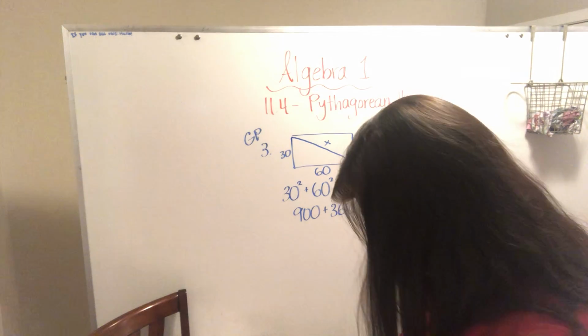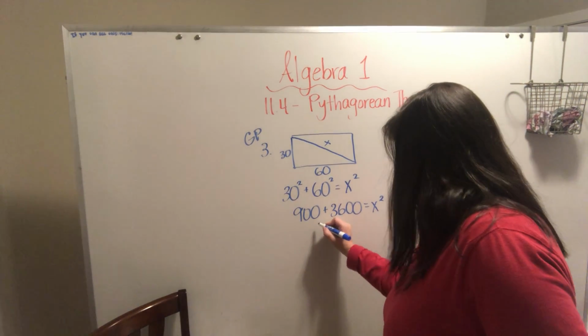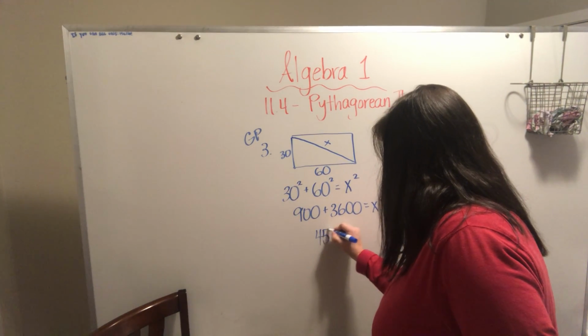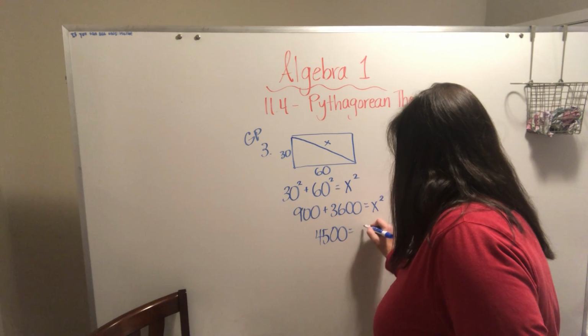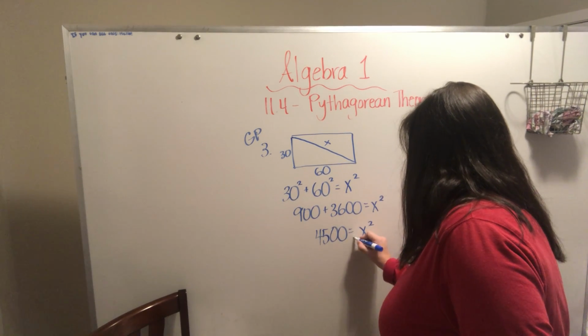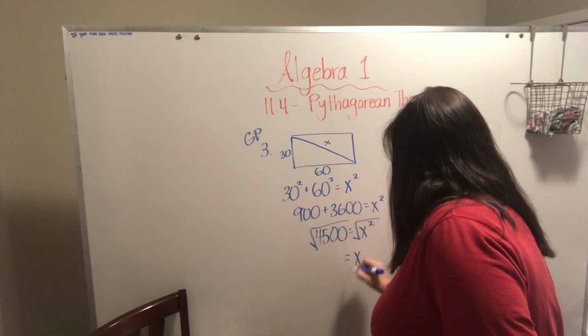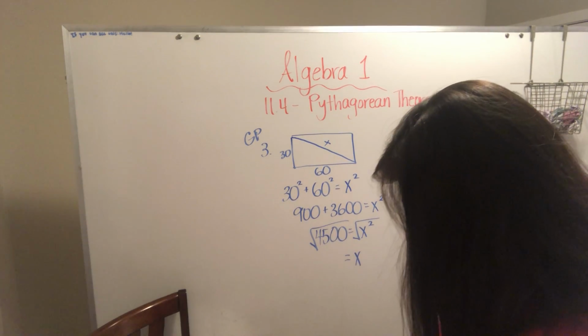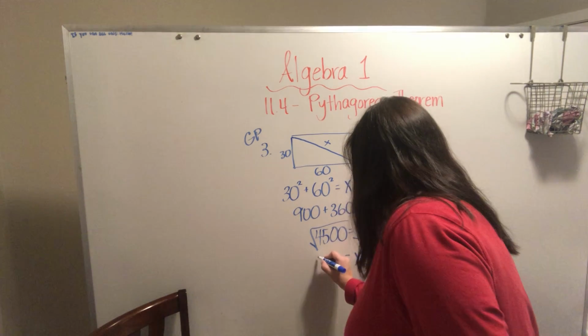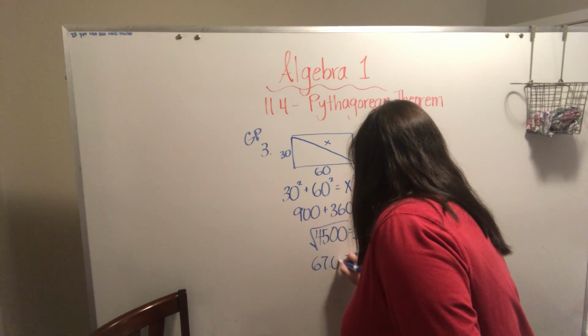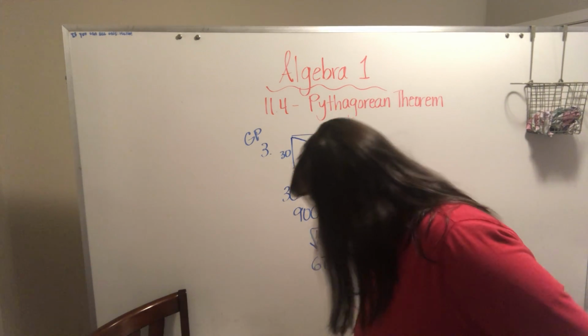Okay, you can see all that. 4500 equals x squared. To solve this, when you take the square root of 4500, you're going to get something like 67.08.